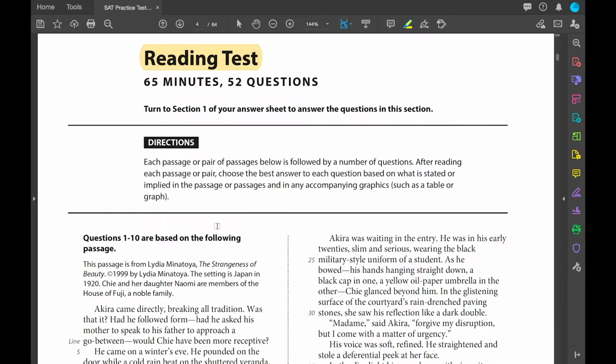And we have Chia, who is the mom of Naomi. So Akira, the guy, has to ask Naomi's mom, Chia, for Naomi's hand in marriage. So we have a guy asking a mom to marry the daughter. And we're in 1920s Japan.